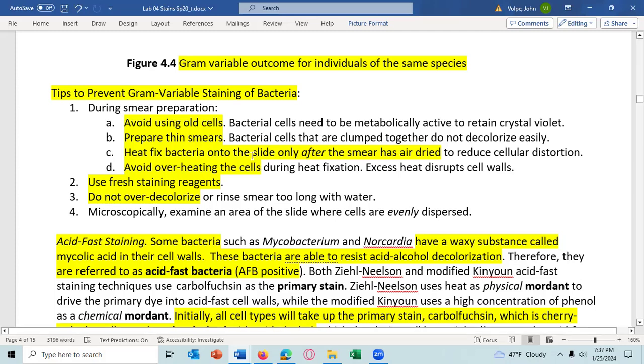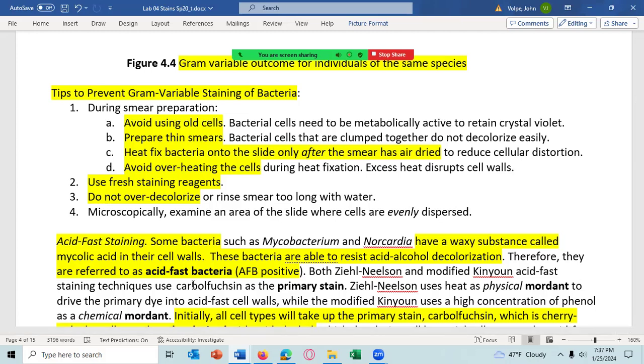All right. Let's stop talking about the gram stain and briefly talk about the acid-fast stain. That is the only other differential stain we're going to talk about. Some species, mostly in the mycobacteria and the nocardia families, have a waxy substance called mycolic acid in their cell wall.